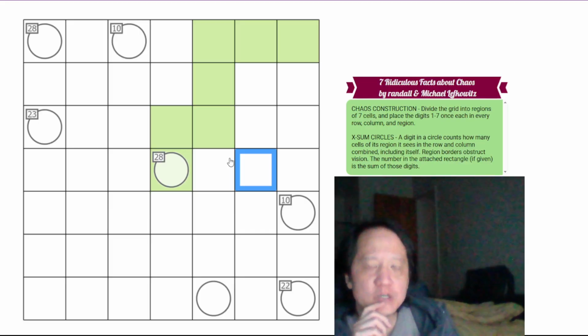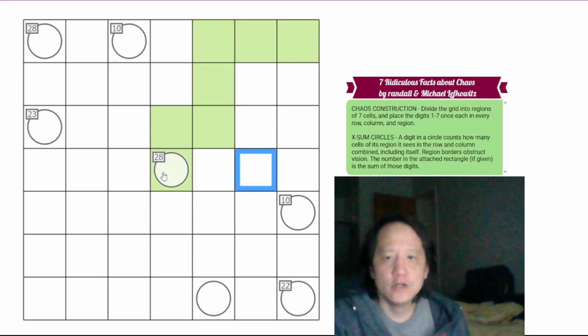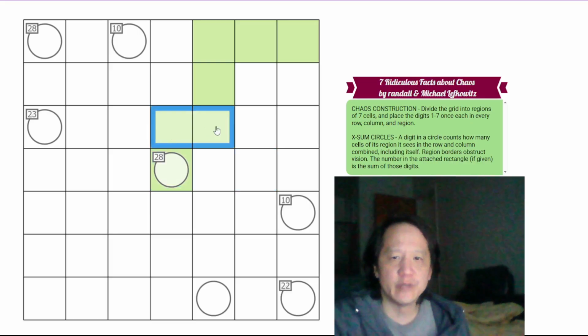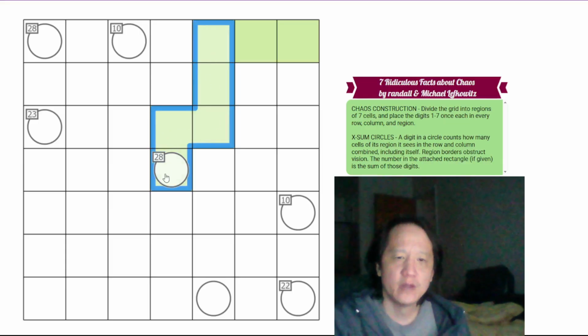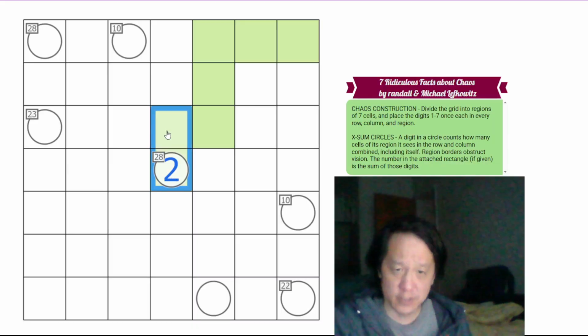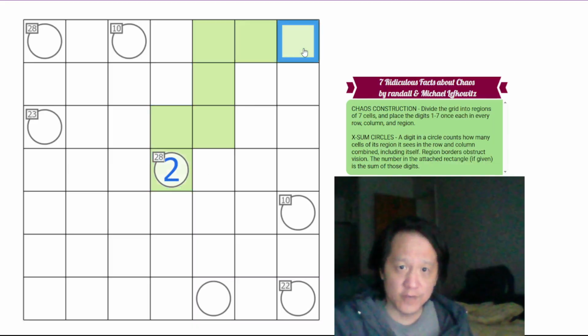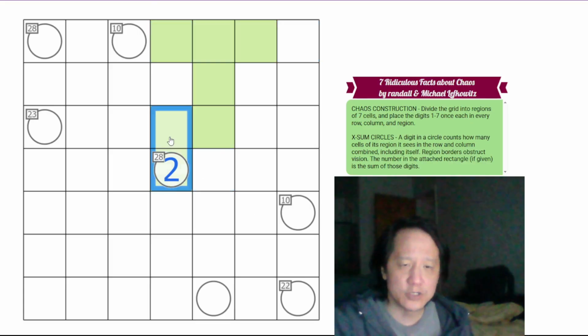Region borders obstruct vision. So a digit in the circle counts how many cells of its region it sees in the row and column. So this would be 2 if that's the case, right? Because it only sees these cells. Even if it went here, it would still see 2 because it would not see that cell, because region borders obstruct vision.